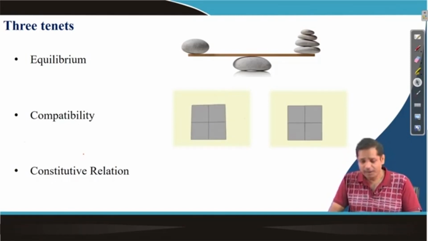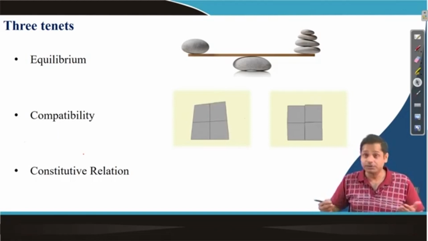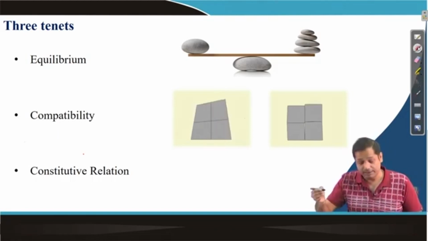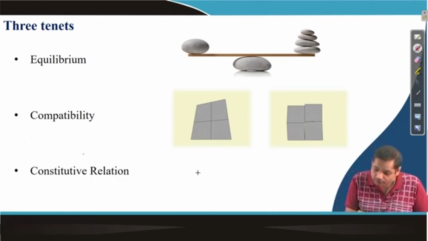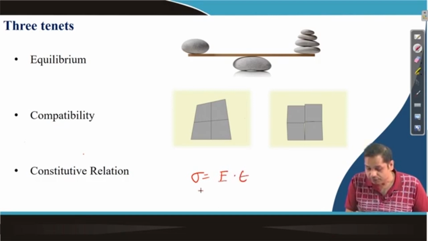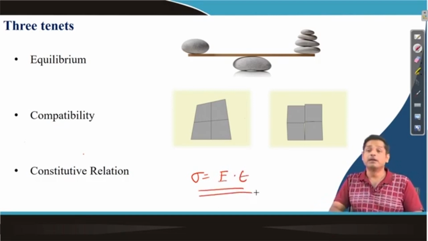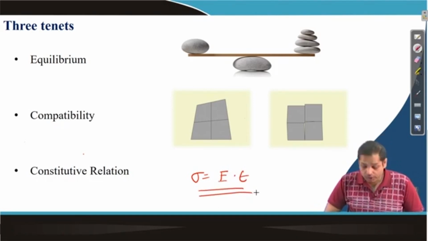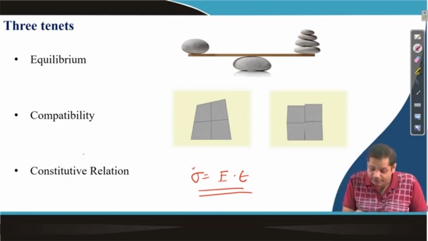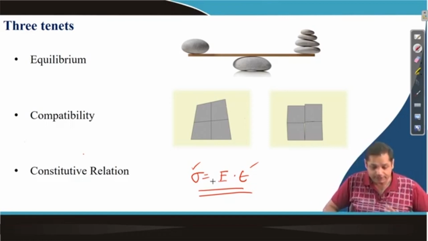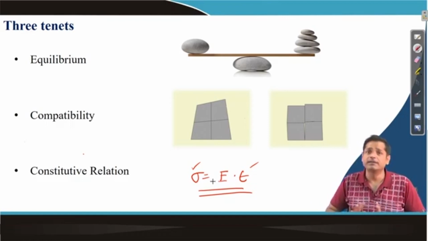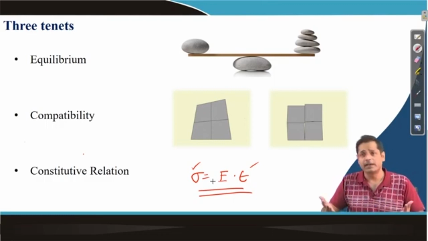For instance, for a linear elastic material, Hooke's law tells us that stress is equal to Young's modulus times strain. That is the constitutive relation. So these three equations are fundamental, and we need to satisfy them.